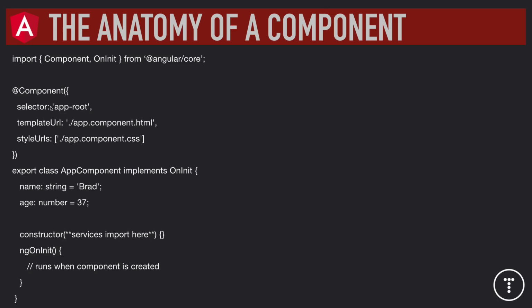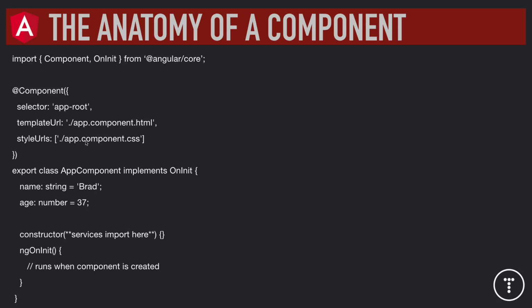The selector is what we're going to use as the HTML tag to insert this component into the browser, into the UI. We also have a template URL, which is going to be an HTML file where we can use something called string interpolation, where we can embed variables and stuff like that. And then we also have a style sheet associated with the component.